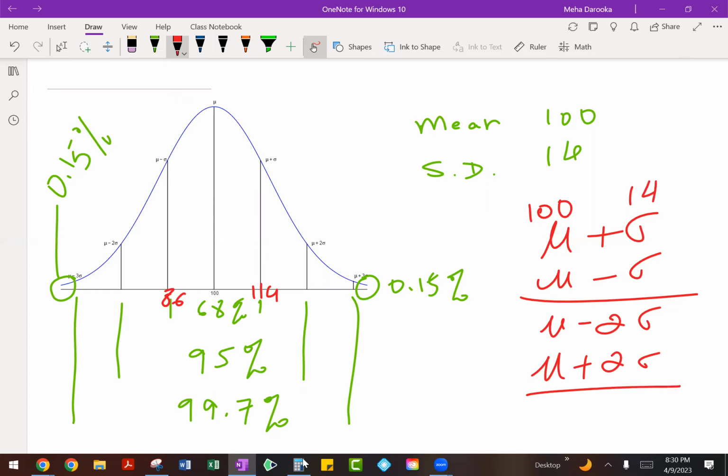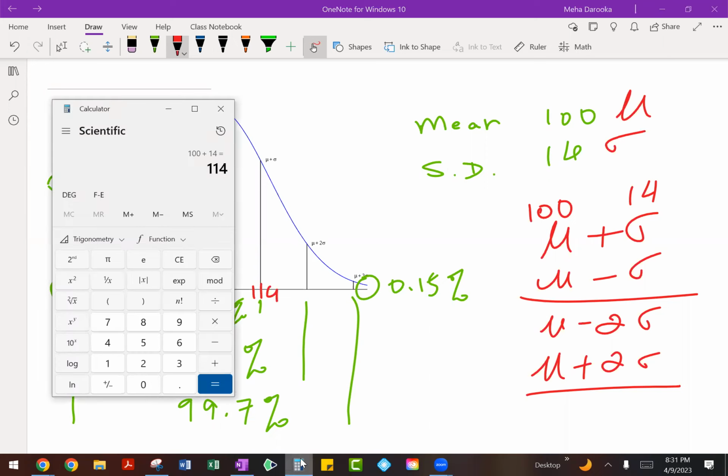When you are doing 2 times sigma, that means you're doing 2 times 14, and then, of course, that will come out to be 28. Then you are adding and subtracting 28 from our mean of 100. So remember, this is mu, this is sigma. Let's take 14 multiplied by 2, which will give you 28.